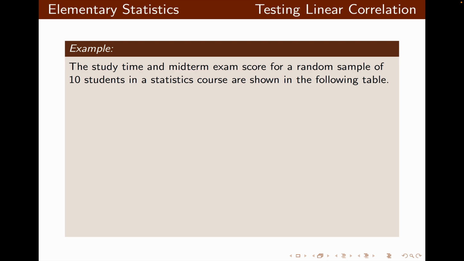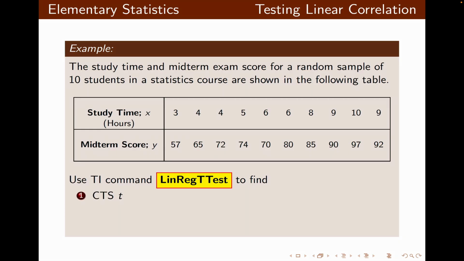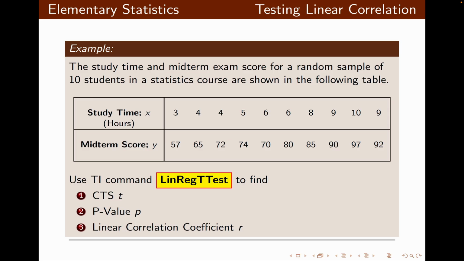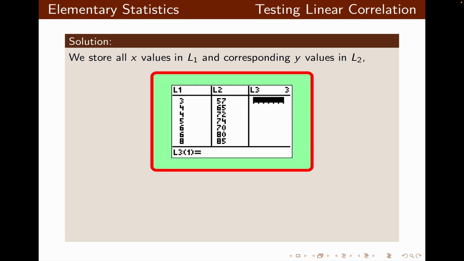So using the last example that we just talked about, we want to use the TI command LinRegTTest to find the test statistic, p-value, and linear correlation coefficient r. So of course, we're going to store values of x in L1 and values of corresponding y's in L2.